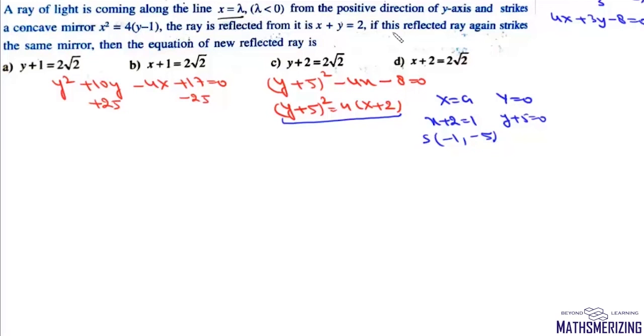Now the third question is, a ray of light is coming along the line x equals lambda, and lambda is less than 0, from positive direction of y-axis and strikes a concave mirror x square equals 4 times y minus 1. So it represents a parabola opening upwards and whose focus is at 0, 2. So we'll draw this parabola.